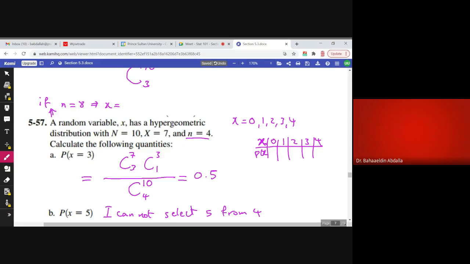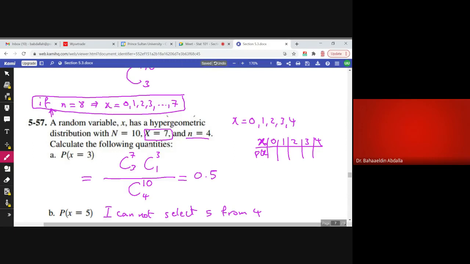X is the number of successes from the sample, from n. So I can choose, in fact, 0, 1, 2, 3, up to 7. Why up to 7? Because I have only 7 successes, and small x is the number of successes.